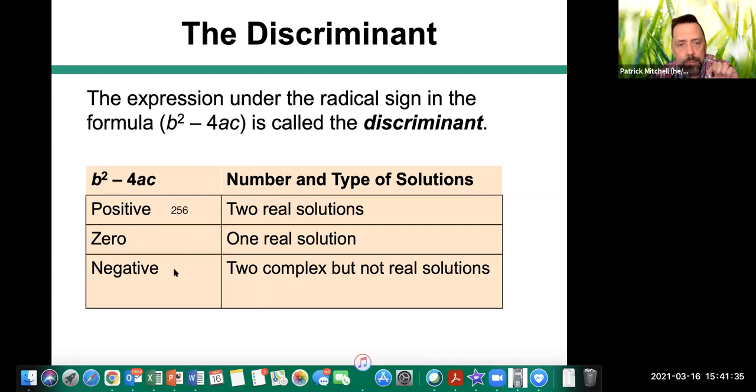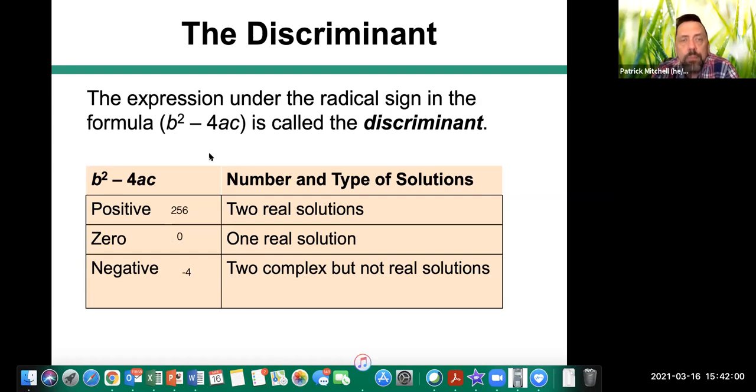In the second example, the discriminant was -4, and we had 2 complex but not real solutions. I like to just call them non-real solutions. And in the last example, the discriminant was 0. We had 1 real solution.